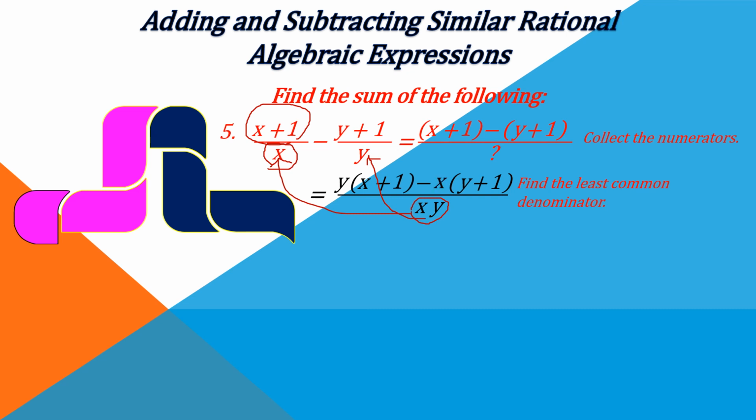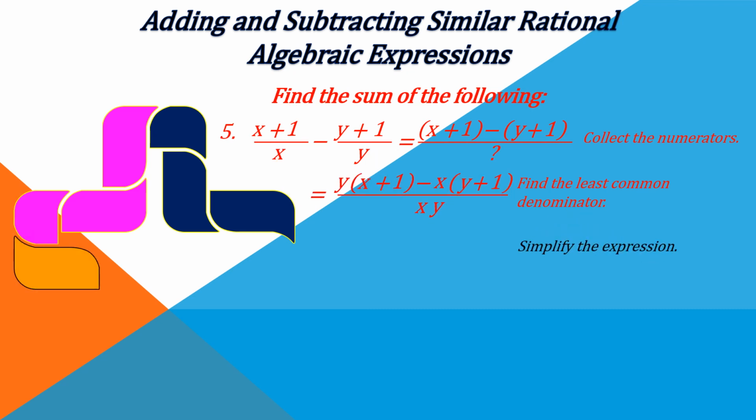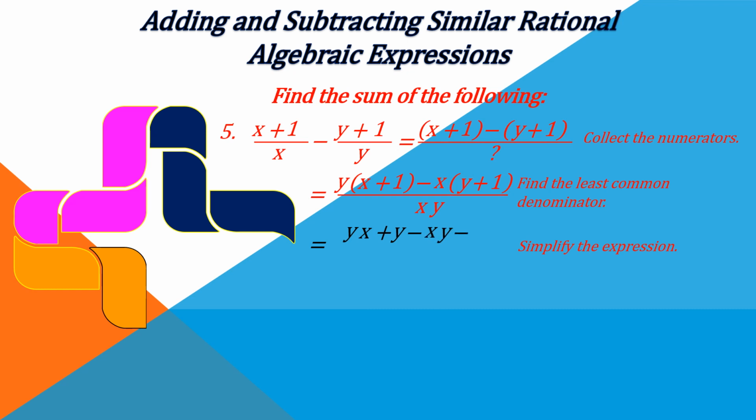And we need to put x before the quantity y plus 1. Simplifying the expression, it is equal to yx plus y minus xy minus x. Now, if you can see, the subtrahend already changed the sign, and we will proceed to addition all over xy.